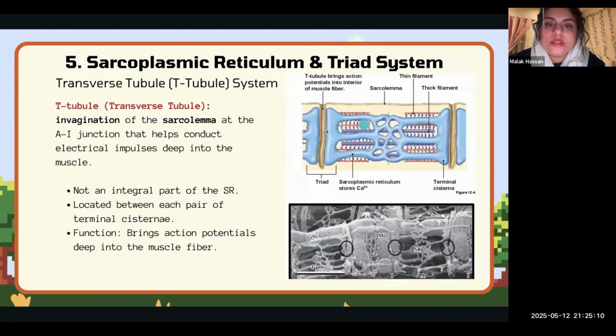So the T-tubules are going to be invaginations of the sarcolemma, the cell membrane, at the A-I junction, and it helps to conduct electrical impulses deep into the muscle. Now, it's not part of the sarcoplasmic reticulum, but it's located between each pair of terminal cisterna. So these are the terminal cisterna, this is the T-tubule, and they bring the action potential deep into the muscle fiber.